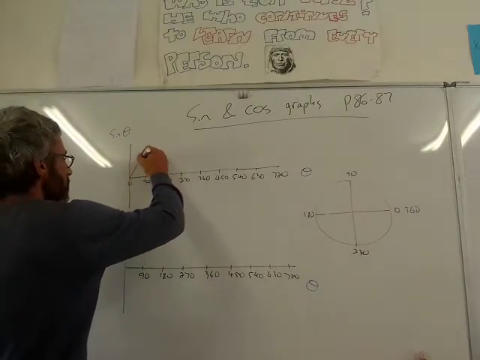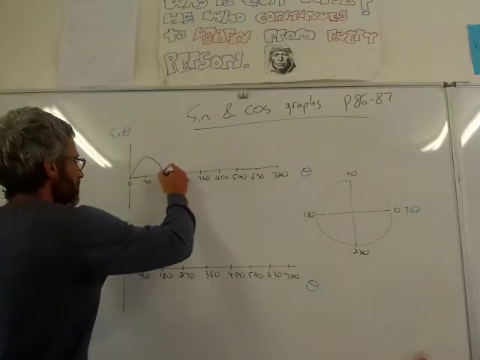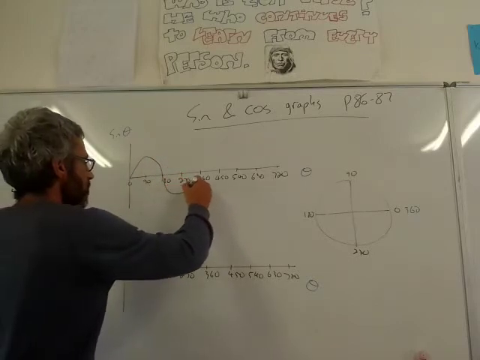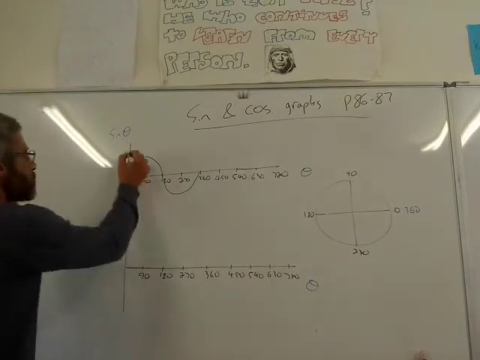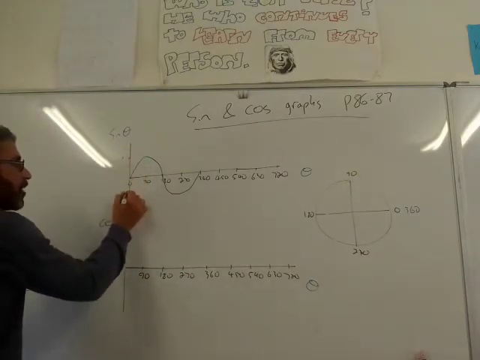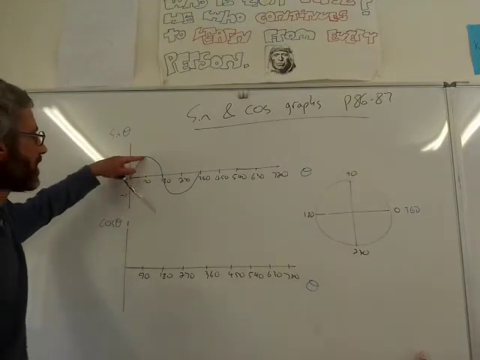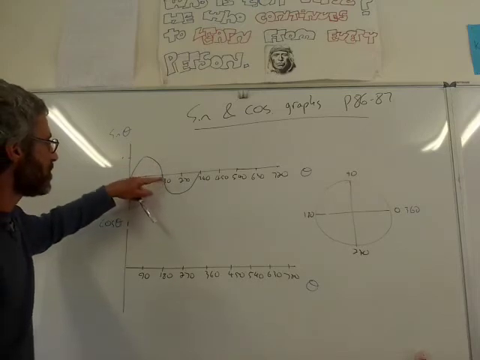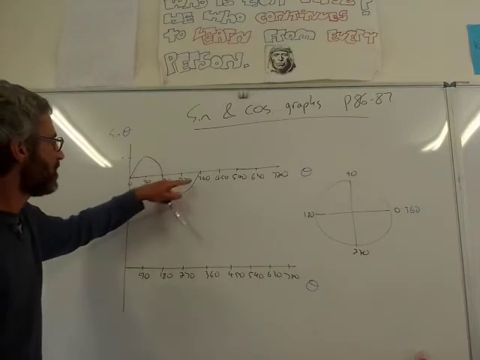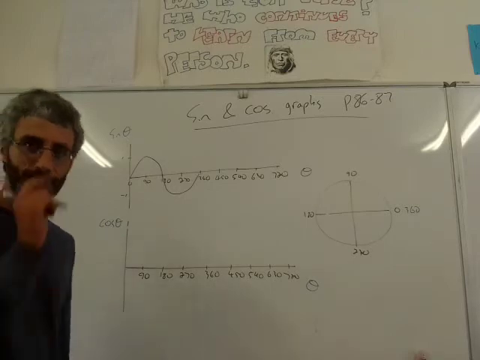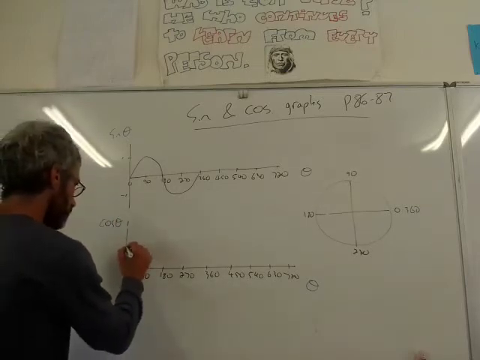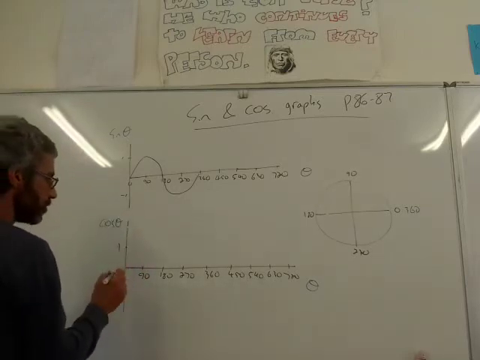It started at 0, went to 1, went back to 0, and ended up at 0. So it swung, starting from 0, went to 1 at 90, went back to 0, went down to minus 1, and back to 0 at 360. Okay? The cosine also started at 1, not at 0.